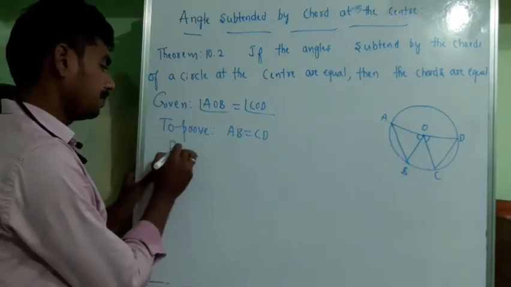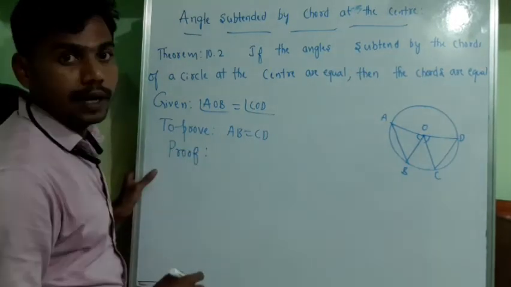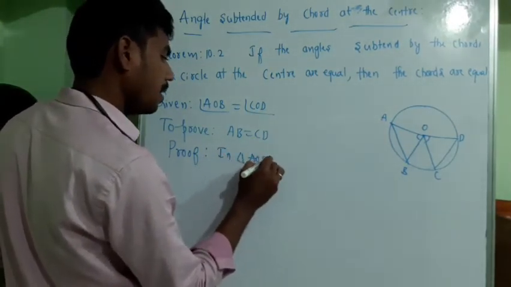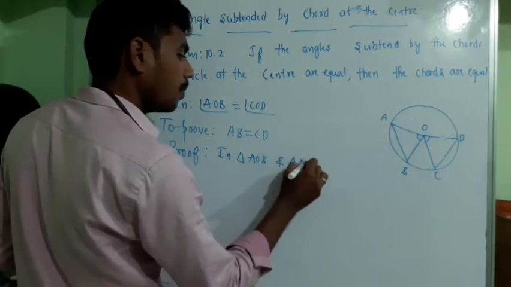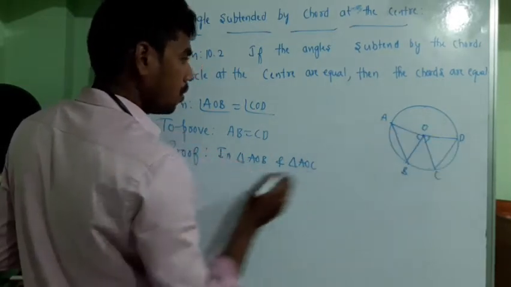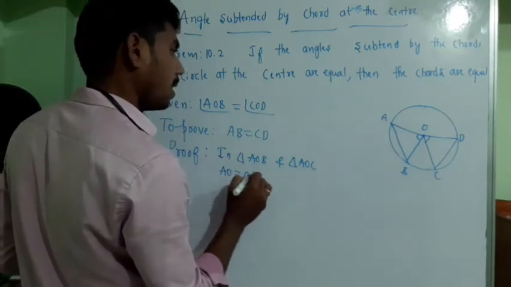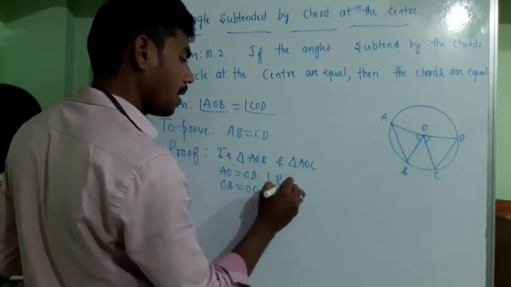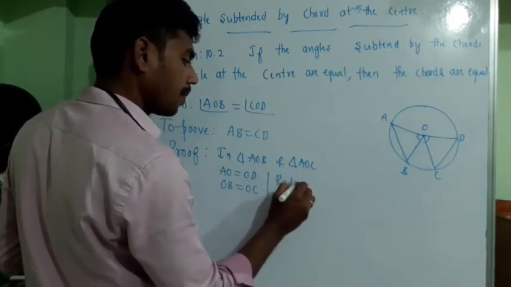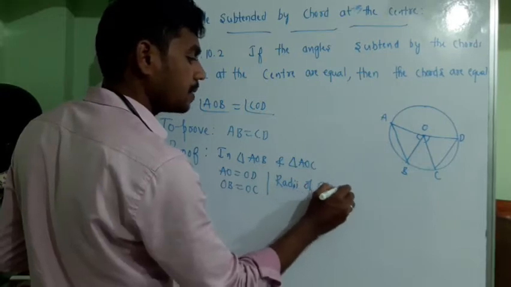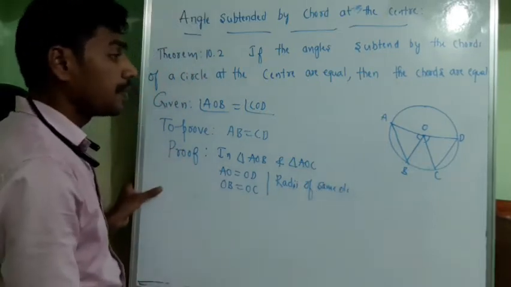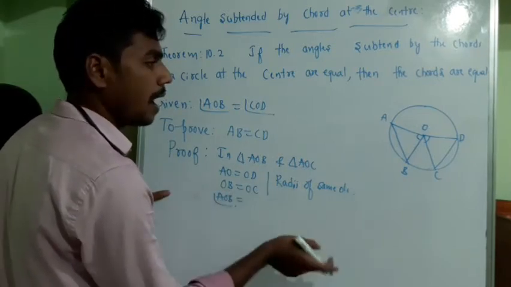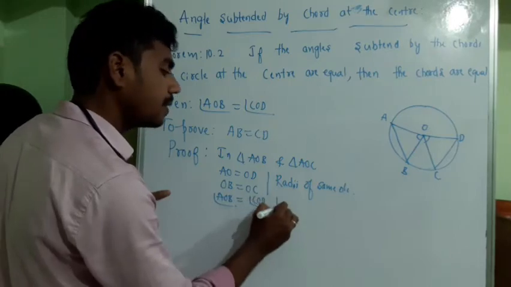So, proof. In triangle AOB and triangle COD, AO is equal to OD and OB is equal to OC, because all are radii of the same circle, and they will be equal. Next, angle AOB is equal to angle COD. Why? It is given.